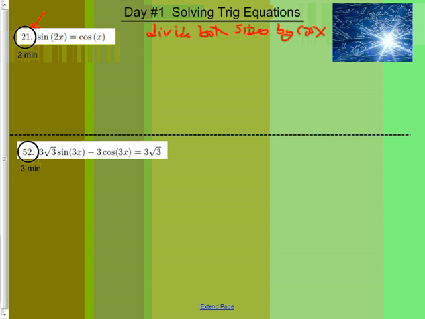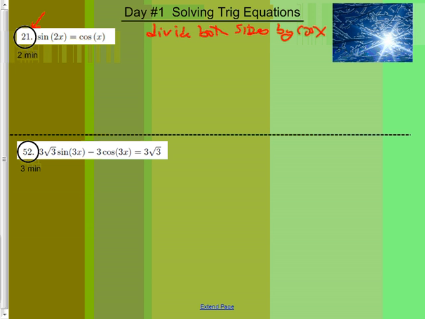Also, one of the questions asks you to find all 6 answers. I am not expecting you to do that at this point. I'm expecting you to just say plus 2 pi n, or if you had to divide by something or multiply by 1/2 at the end, it might be plus 2 pi n over 2, and simplify that. So if you just say plus 2 pi n after your answers, I'm good with that.